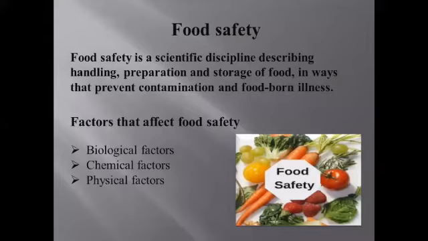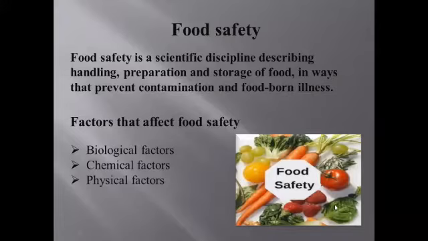That is up to three factors. Here they are telling, when we do not have proper food safety, these three factors contribute: biological factor, chemical factor, and physical factor. These are the three factors that affect food safety.